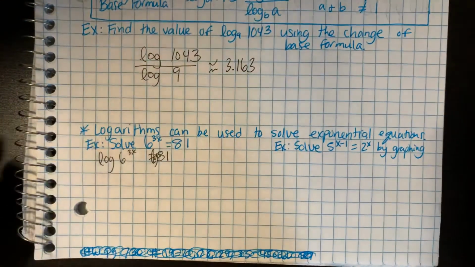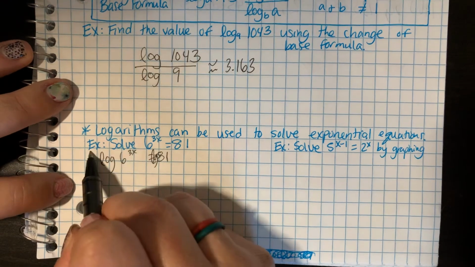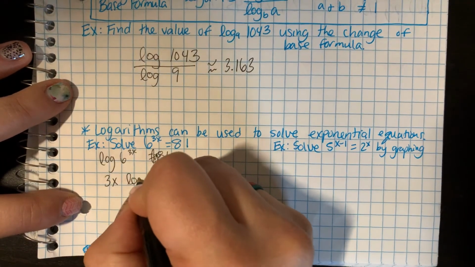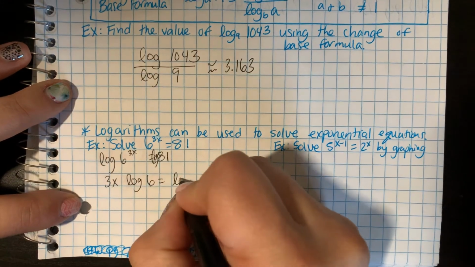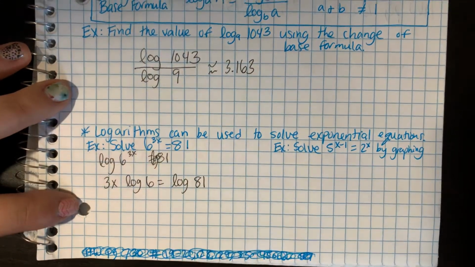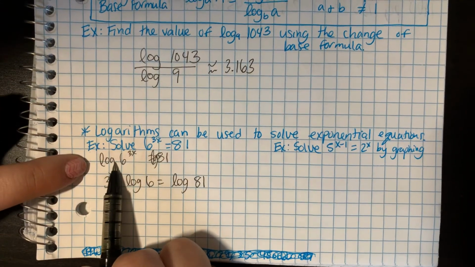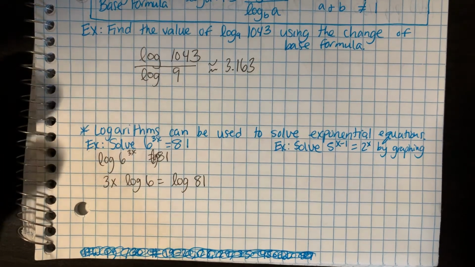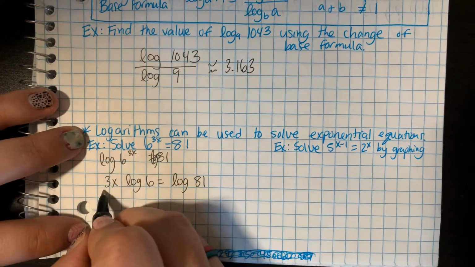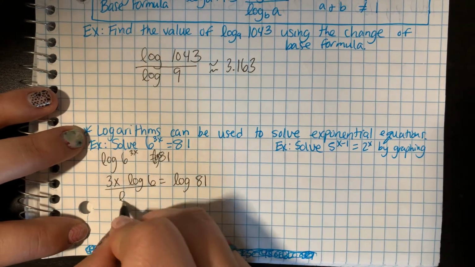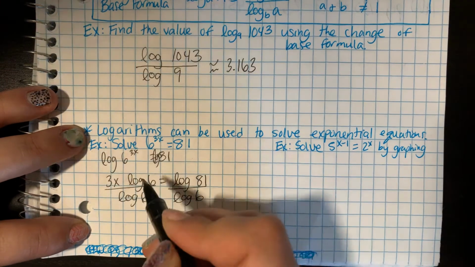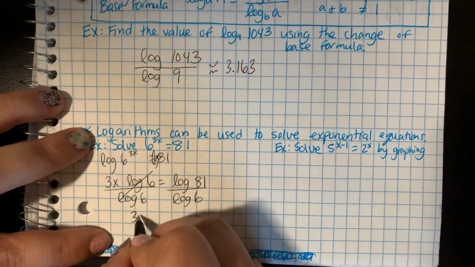Okay. We can take this 3x then and put it in front. So 3x log of 6 equals log of 81. Okay. We used regular log with a base of 10, so we can eventually use our calculators. Okay. Now we just solve for x using equation methods.